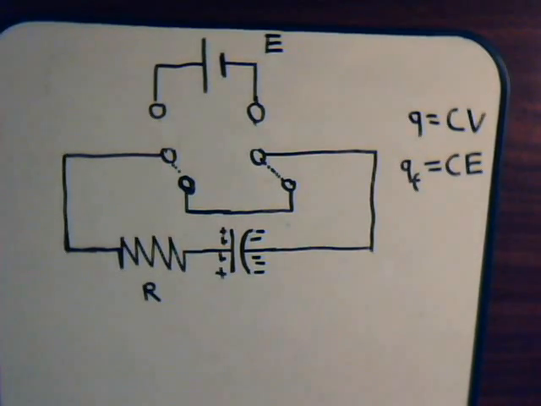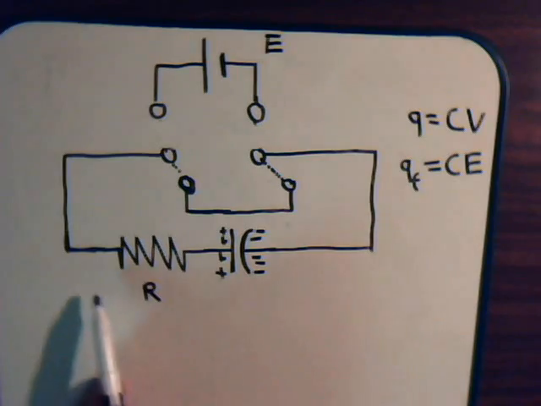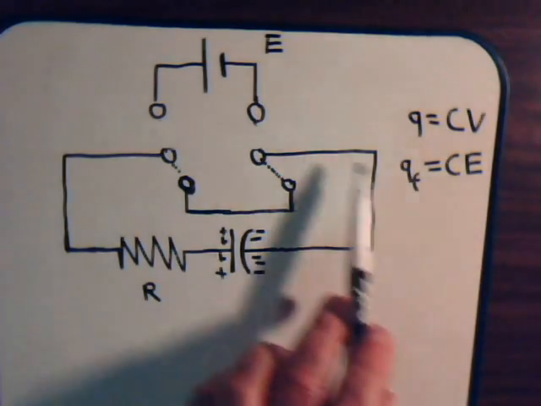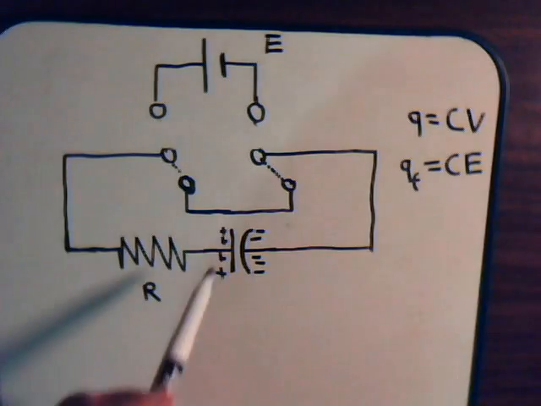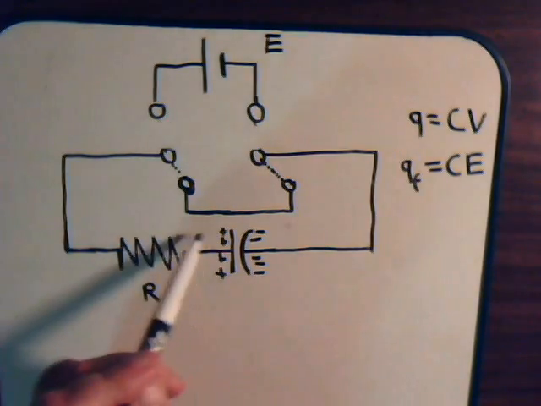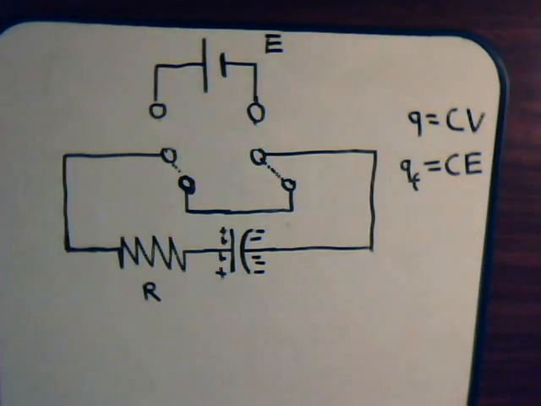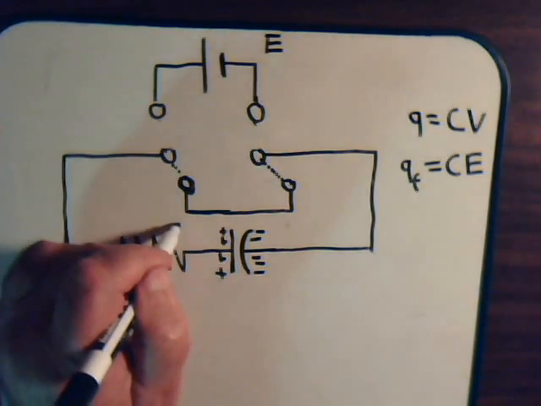So now this charged capacitor can discharge through this resistance hooked to it. And this time the current will be in this direction. So the discharge current is opposite to the charging current. And of course, we'll have a voltage drop here, like this.